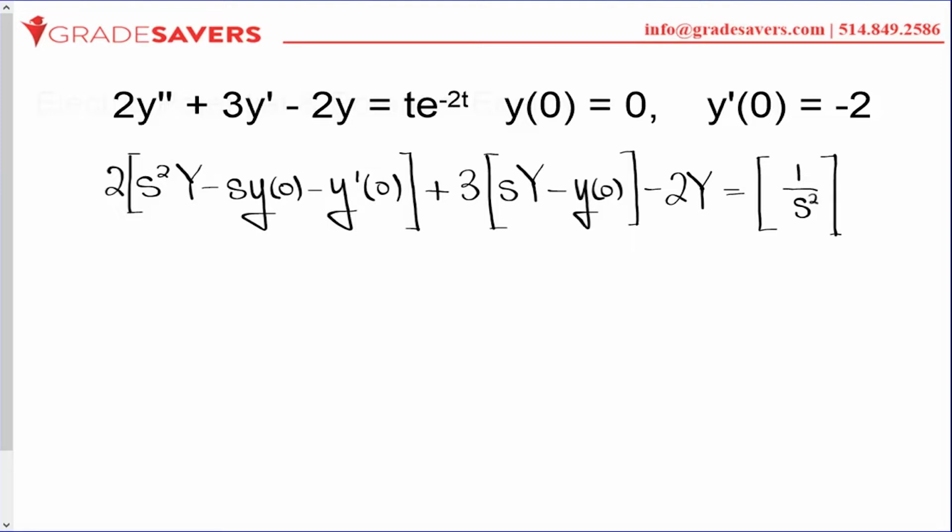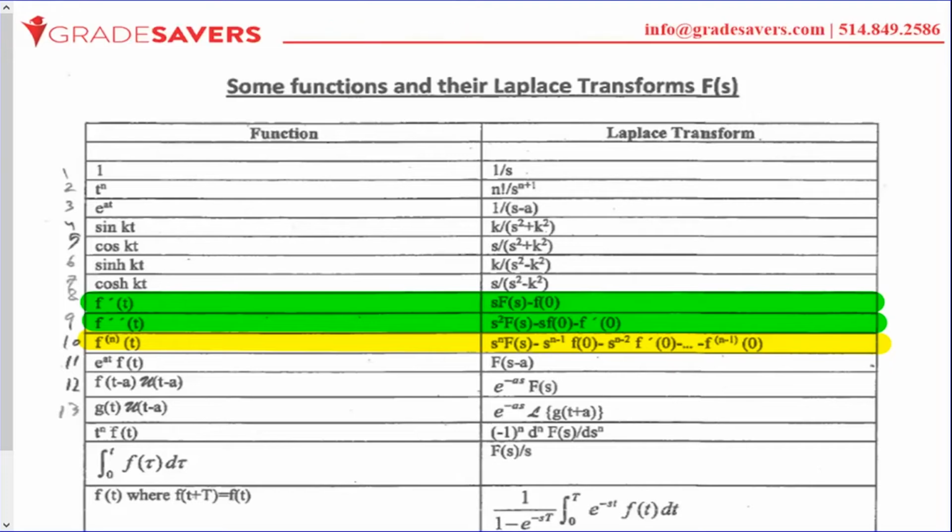And in order to do this, let's take a look again at our cheat sheet and realize that if I have something that has an e to the t being multiplied in it, here is the effect in the Laplace domain. So whenever a function is being multiplied by e, well then in the Laplace domain, it is going to create a shift.